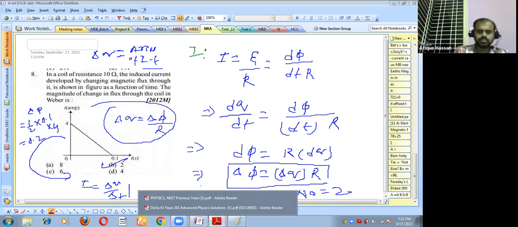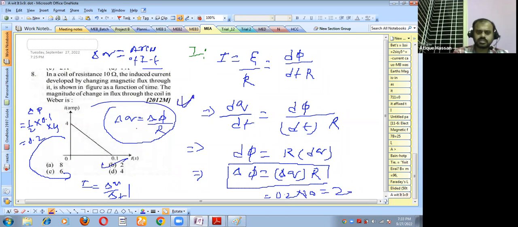Okay. So the best part is to always remember this: delta q is equal to delta phi by R. I was going to give method 2 by directly using this. You don't need to derive it every time, just remember delta q is delta phi by R. It will be very useful.